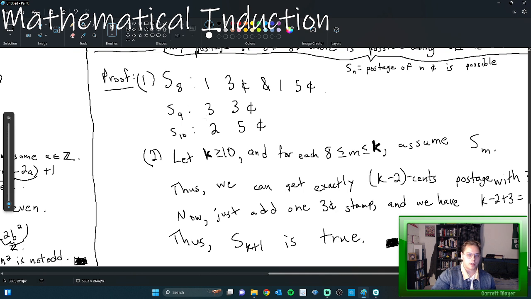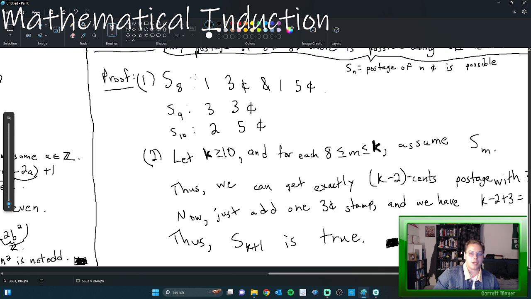Say we want to get to 12 cents. Well, we know we can get to 9 cents, so we just add on another 3, and that works out. Same thing with 11 cents. We know we can get to 8, we can add on another 3. And then say we want to get to 50 cents.